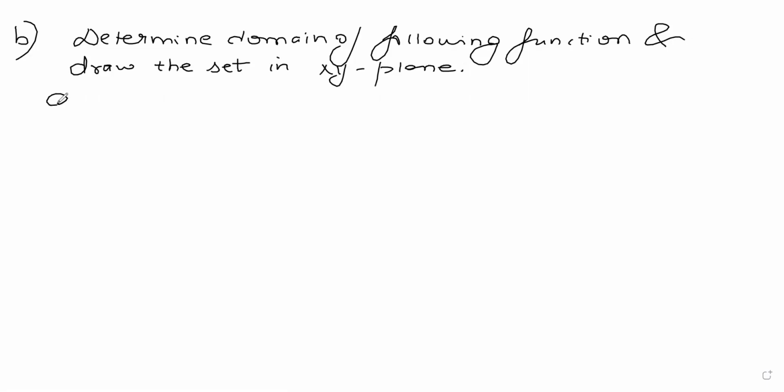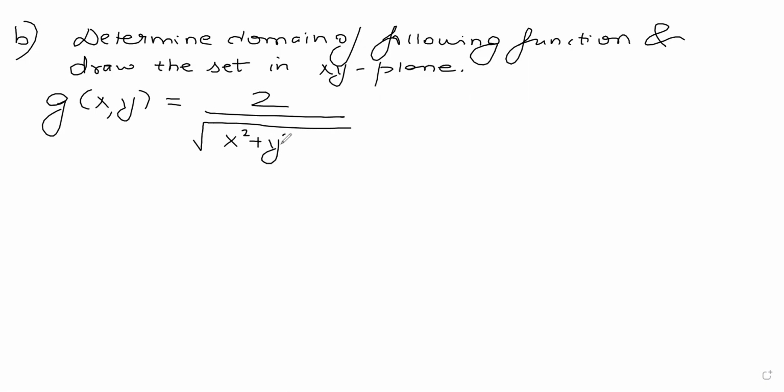So now we are given the function g of xy, which is 2 upon the square root of x square plus y square minus 4 plus the square root of 9 minus x square plus y square.